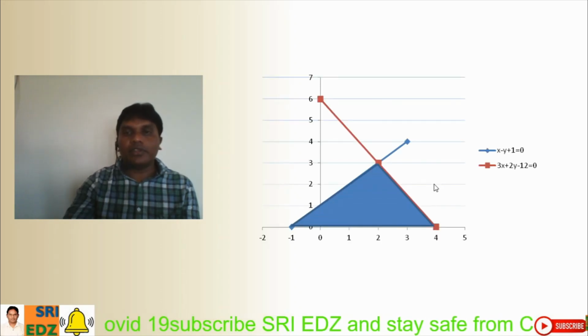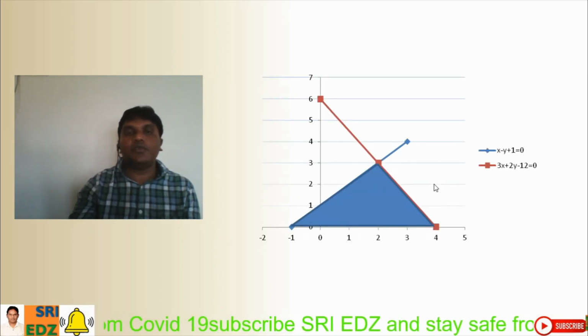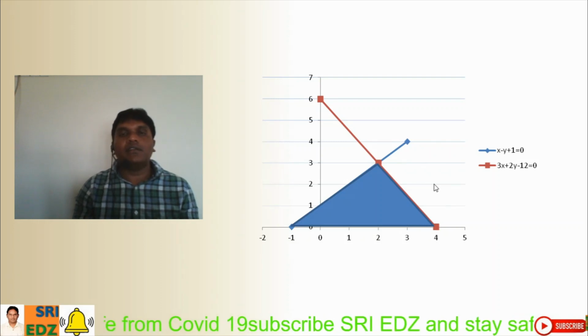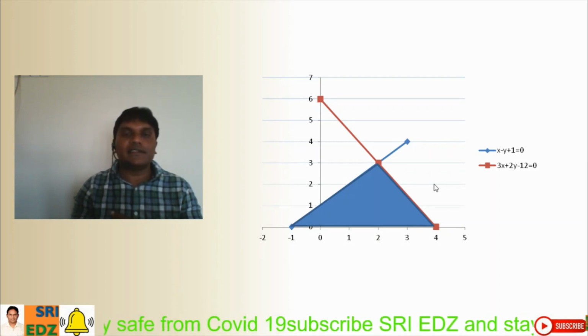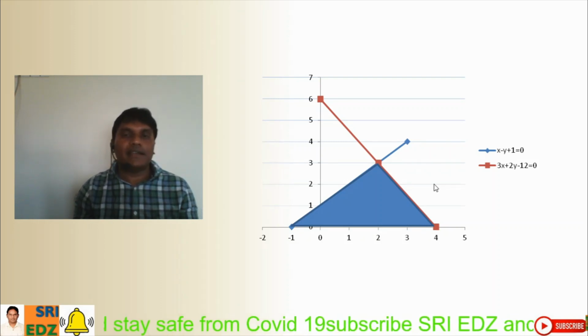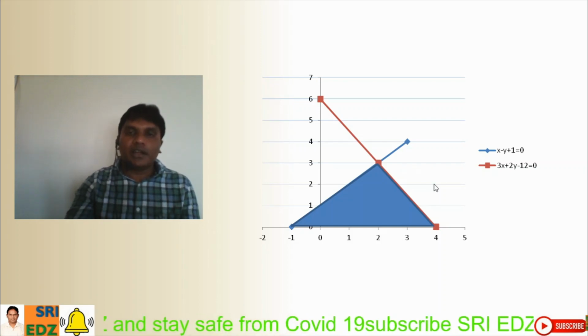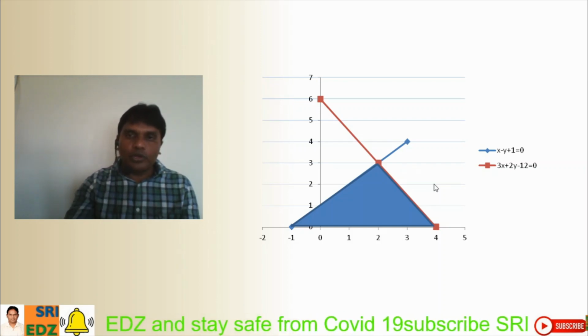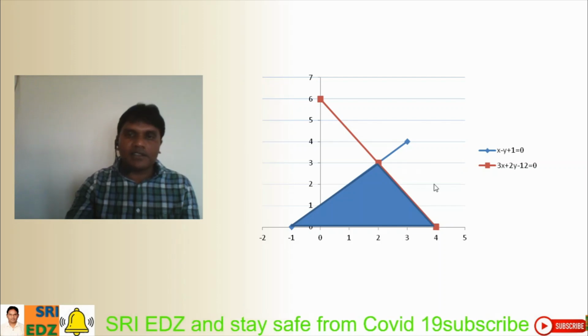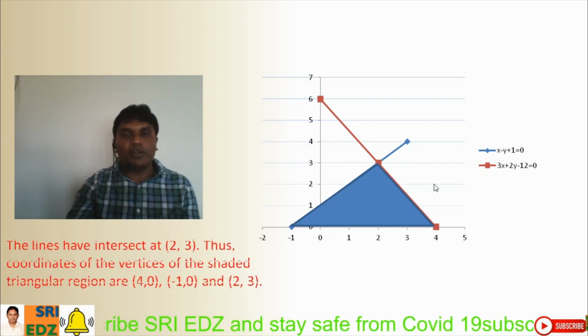Then we have to shade the region which is bounded by the intersecting lines along with the x-axis. So here I shaded it in blue color. That is nothing but the triangle which is formed.